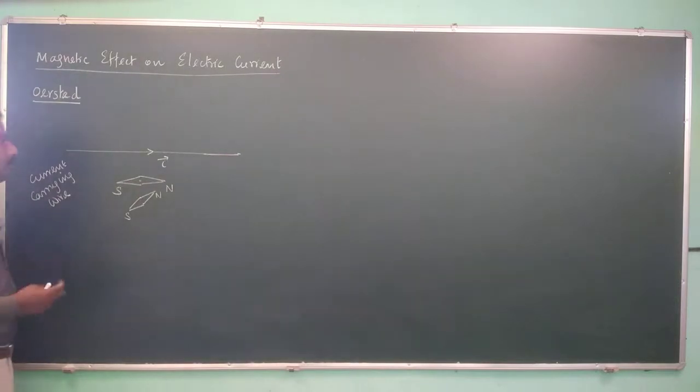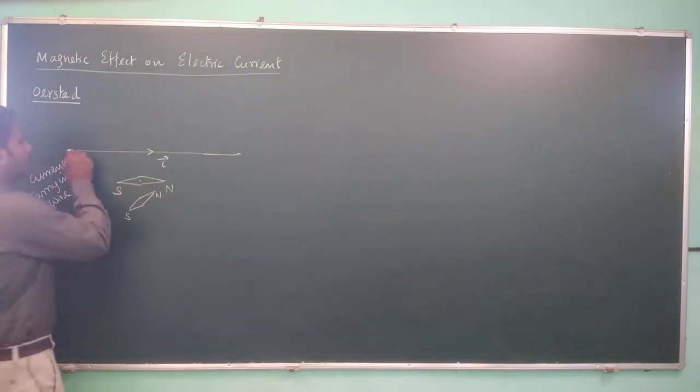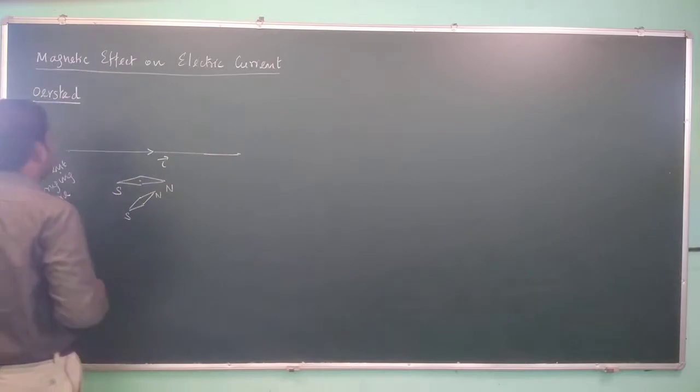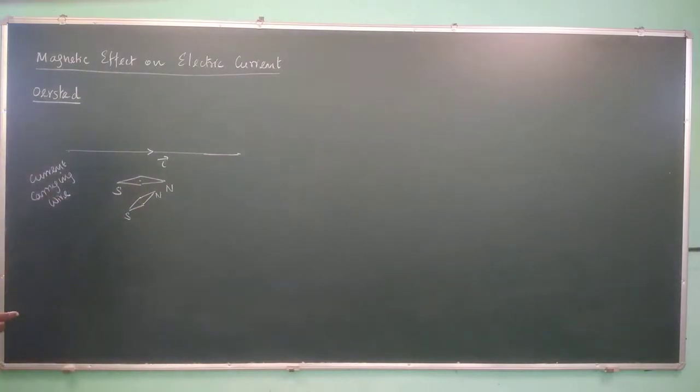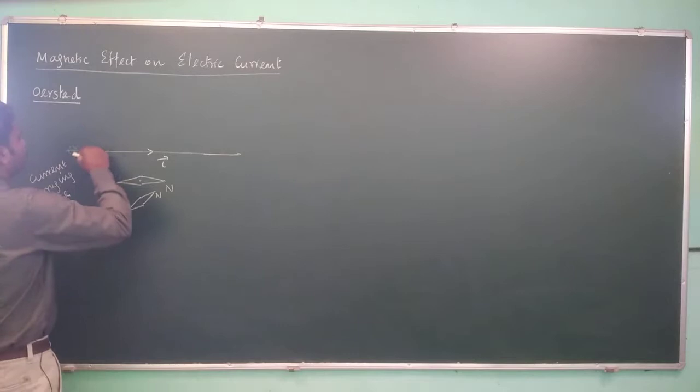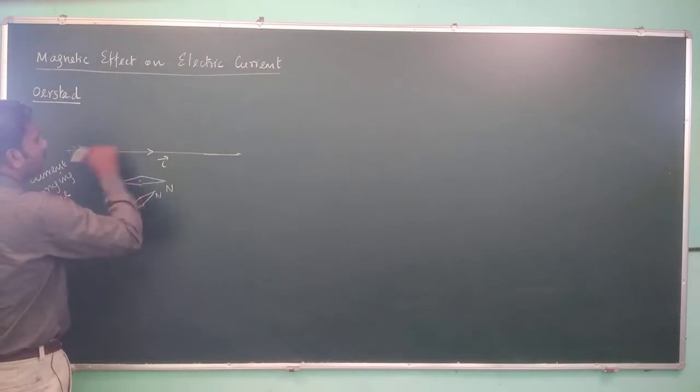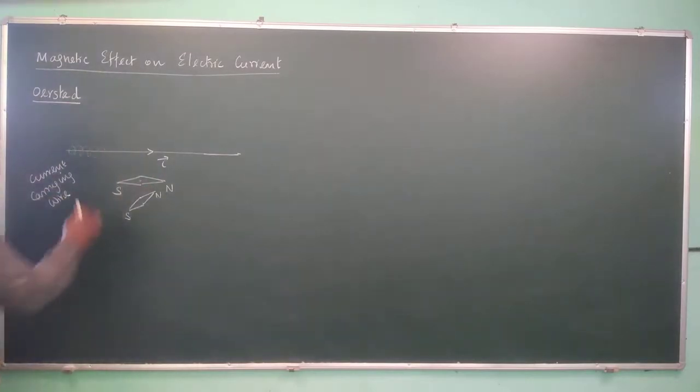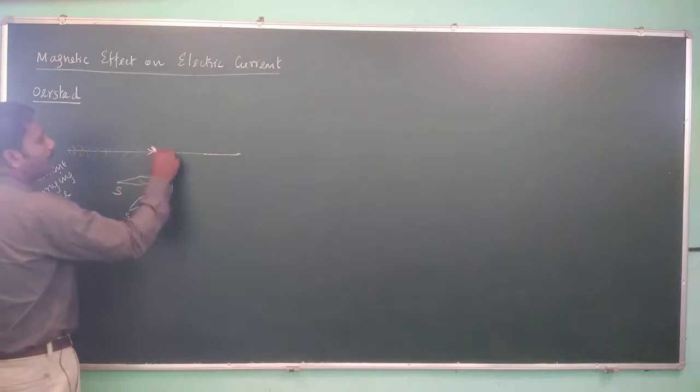And it was concluded that when there is a current flowing through an electric conductor, then there exists a magnetic field around it. There is a magnetic field line around this current carrying conductor.